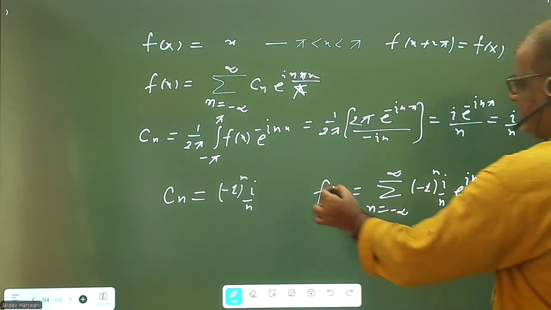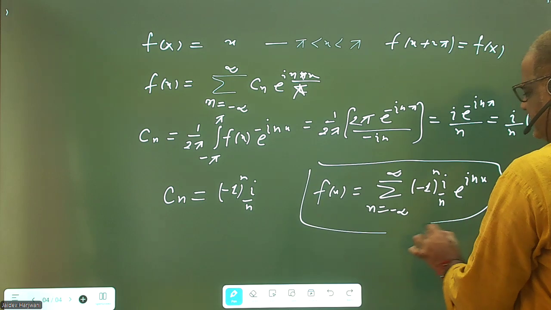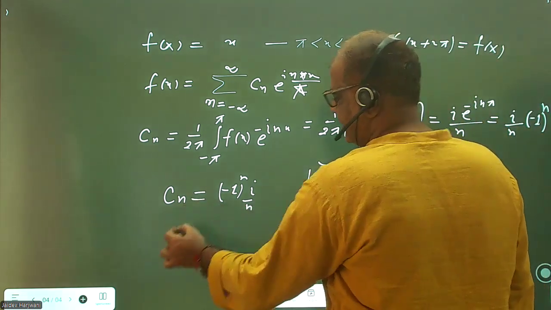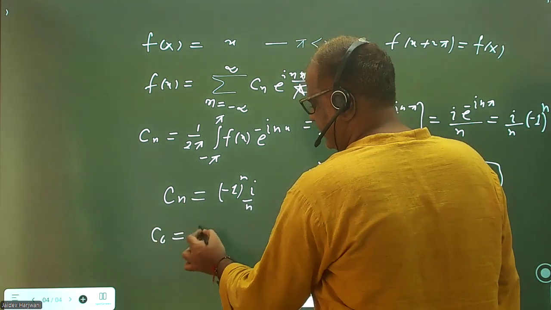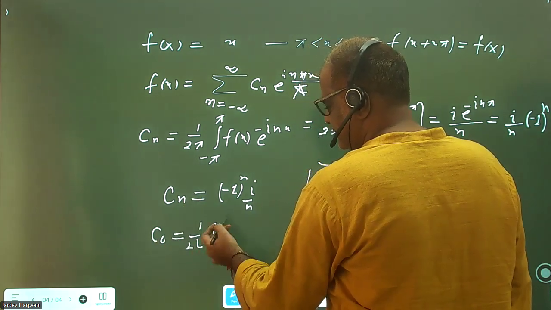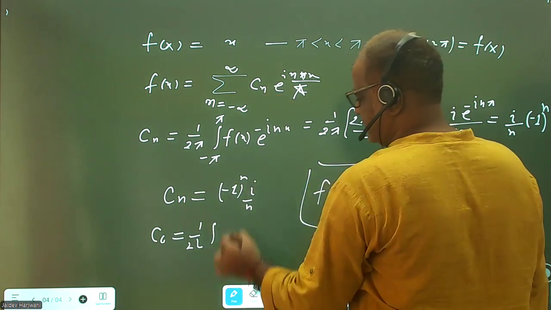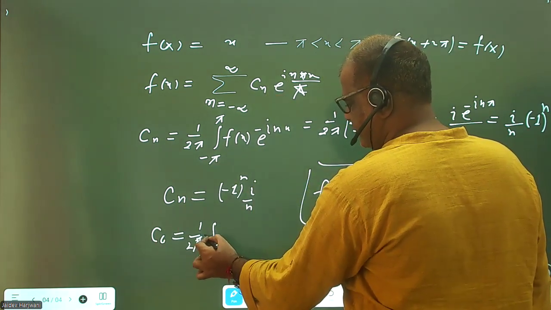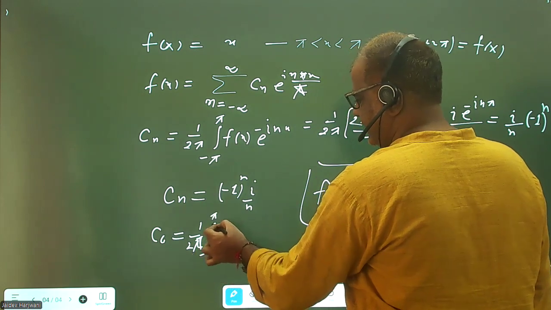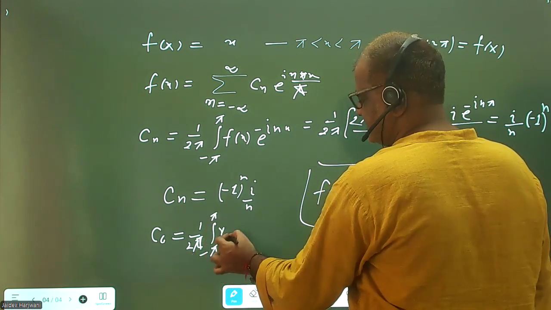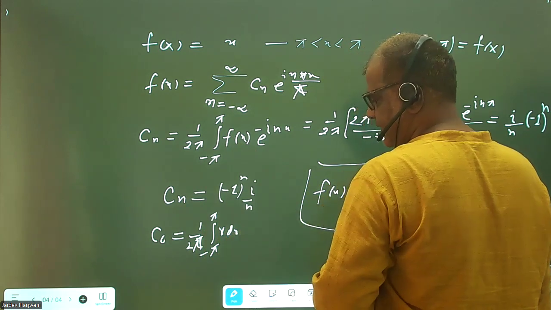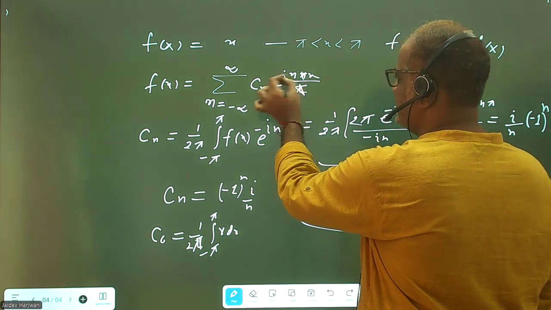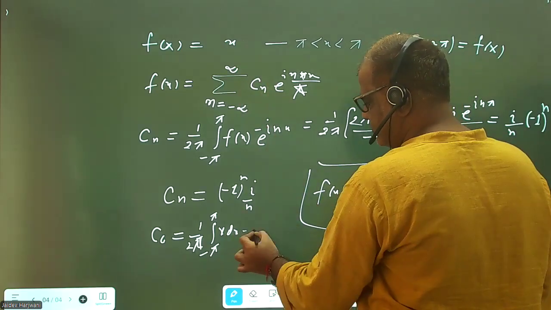This is my function, but we have to check for n equal to 0, because here c0 has become infinite. So c0 we can calculate separately. C0 means you have to calculate 1 upon 2 pi, integral over the interval of length 2 pi of f(x) dx, where f(x) is x, because the exponential power for n equal to 0 becomes 1, so this comes out 0.